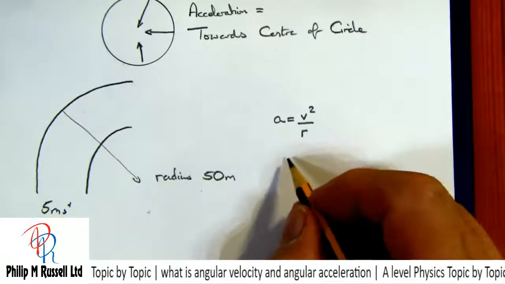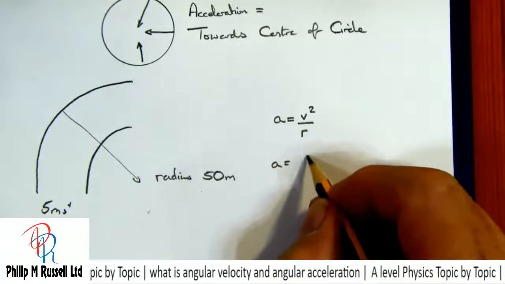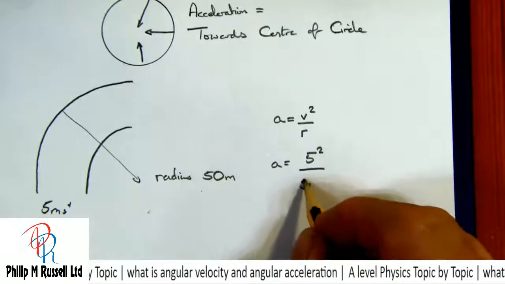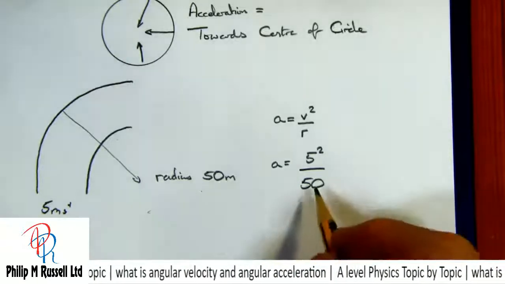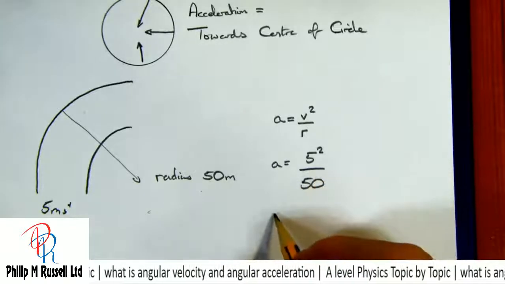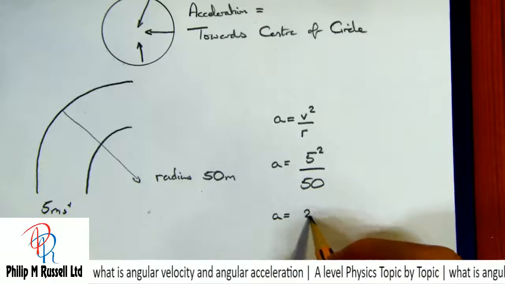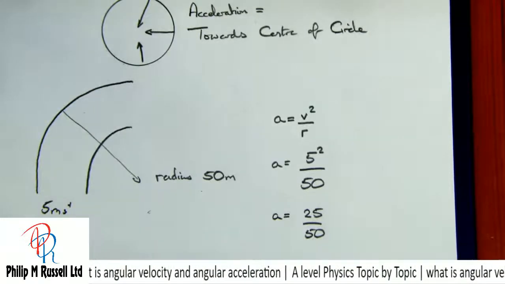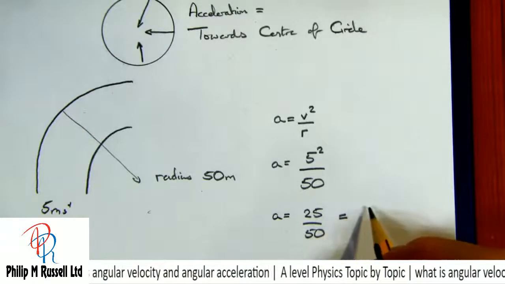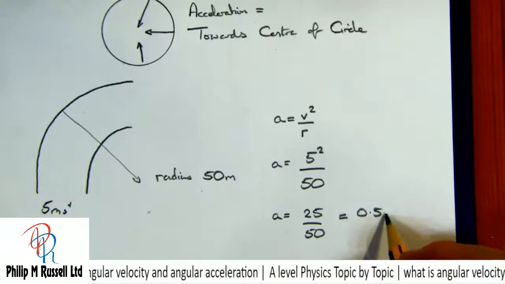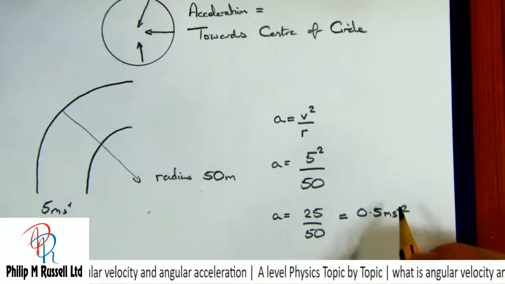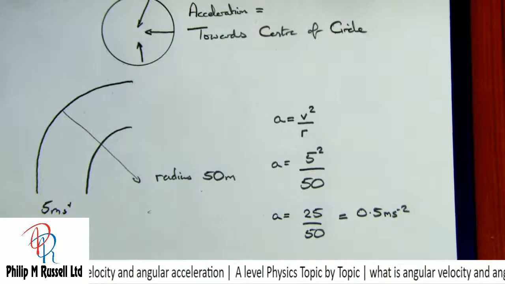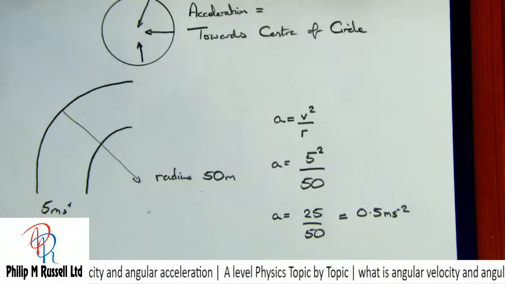So we've got my acceleration equaling 5 squared over 50, and you'll see that I chose my numbers wisely, because that's going to give me 25 over 50, which is simply going to give me 0.5 meters per second per second. So that's this idea of centripetal acceleration.